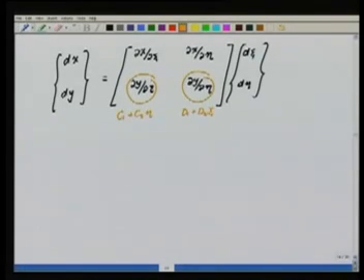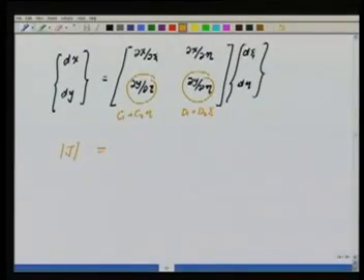If I now have to compute the Jacobian, because the Jacobian is needed for the transformation of the integrals from the physical domain to the master domain, this will be equal to del x del ξ into del y del η minus del x del η into del y del ξ.